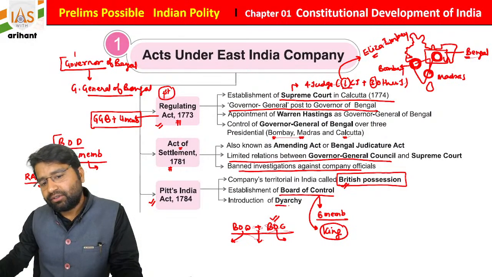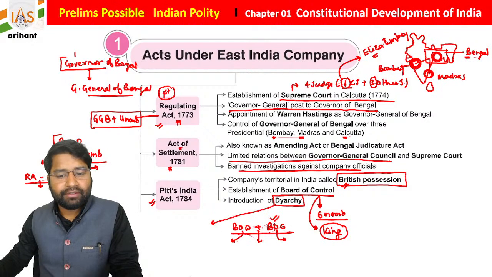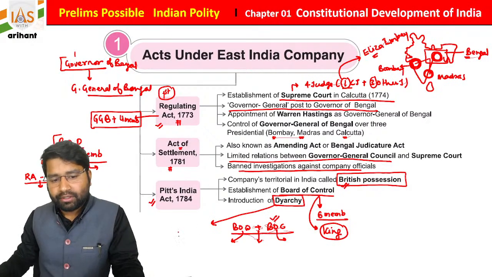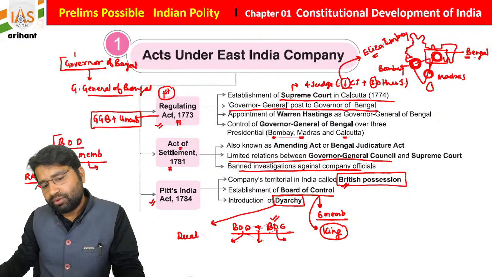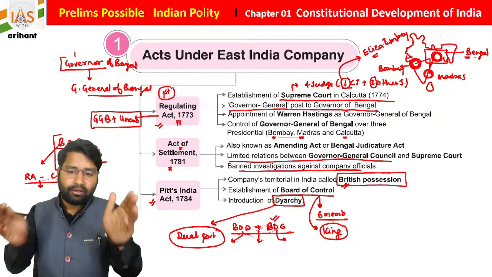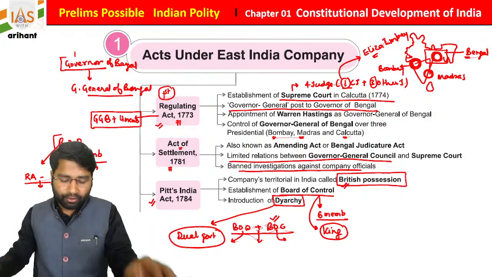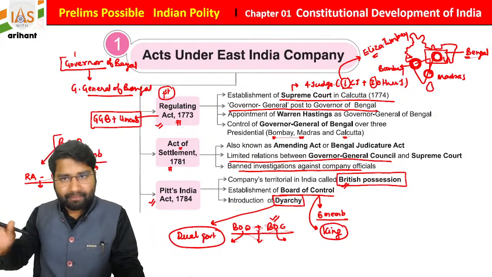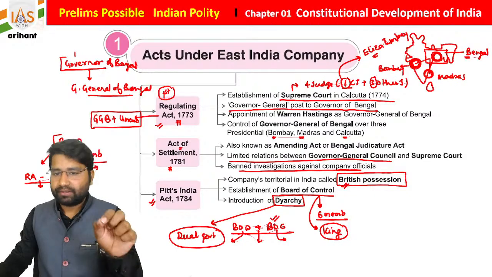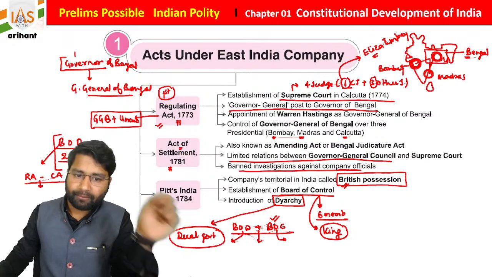Here this is not diarchy. You can use a better term: if you see the 2 offices, you can say dual government was started here. Dual government, one is the board of directors and one is the Board of Control. I hope it is easy for everyone. This is one thing, and they ask questions directly from the same.